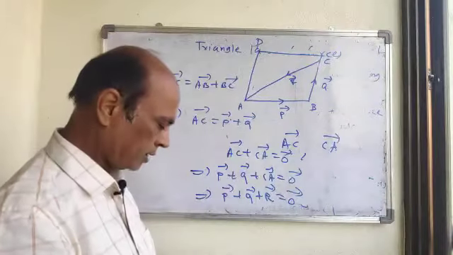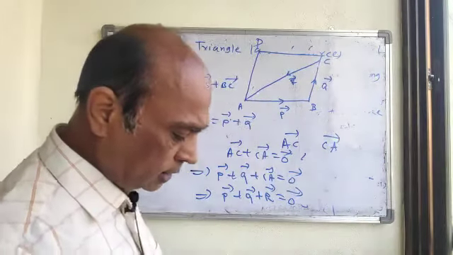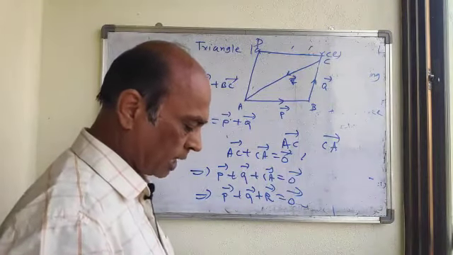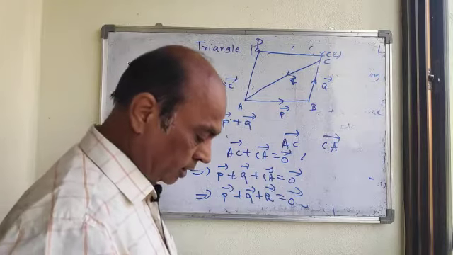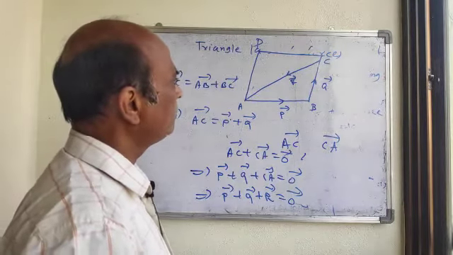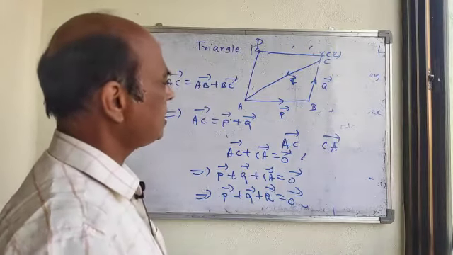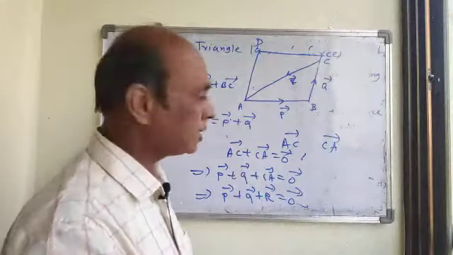So see, AC bar is equal to P bar plus Q bar. Now the resultant of the forces P bar, Q bar and R bar is the resultant of AC bar and R bar. And AC bar and CA bar are of the same magnitude but in opposite direction. That is, AC bar plus CA bar is equal to 0 bar, and therefore we get this.